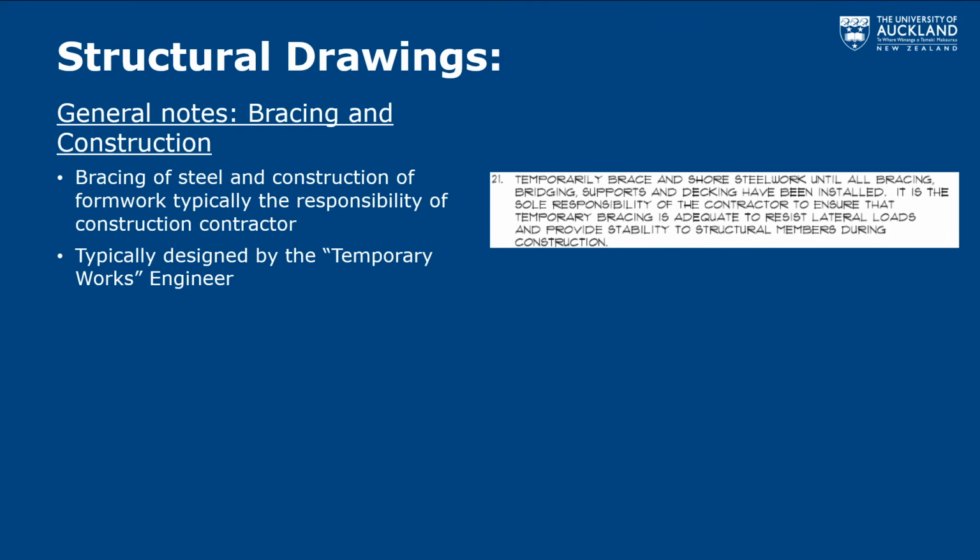And that temporary works engineer will design the bracing, any formwork, making sure that the structure can get constructed safely, and make sure that the temporary works, which will get removed before the building is completed, can withstand the construction loads, and make sure that everyone's there safely, and so that the building gets built without any hiccups.